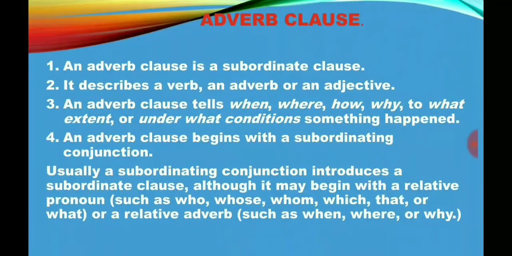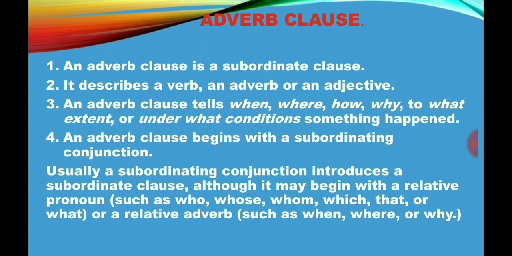Adverb clause, second one. An adverb clause is a subordinate clause. It describes a verb, an adverb, or an adjective. Third point, an adverb clause tells when, where, how, why, to what extent, or under what conditions something happened.